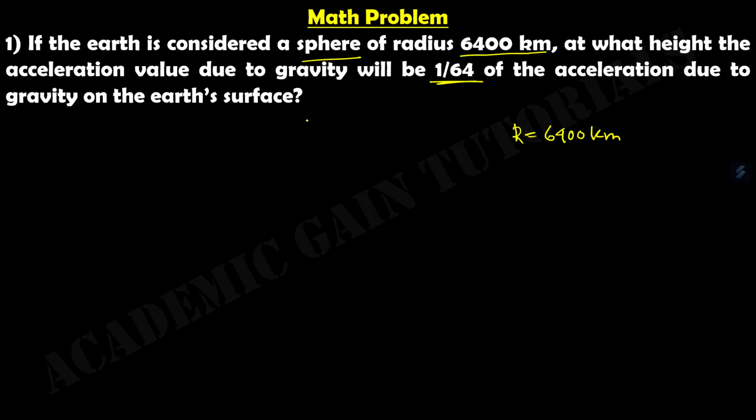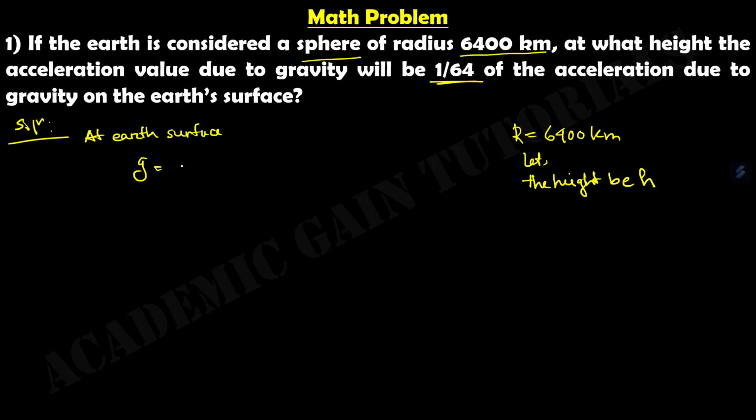Okay, so first of all, let the height be h. We know at the earth's surface, the acceleration due to gravity g is equal to GM by r square.